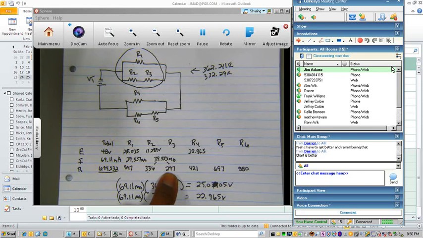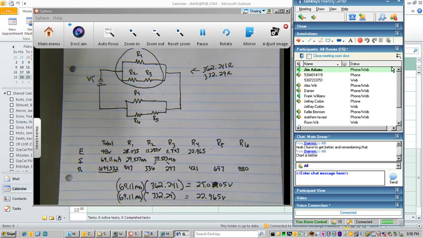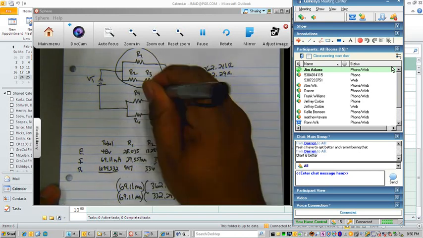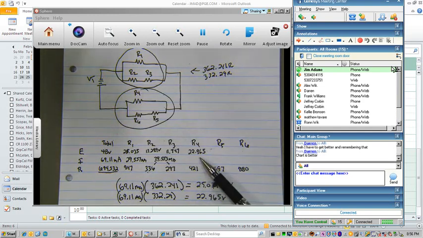So 39 milliamps times 336 ohms gives me 13.289 volts. Then if we multiply 39 milliamps by 297, 11.747.